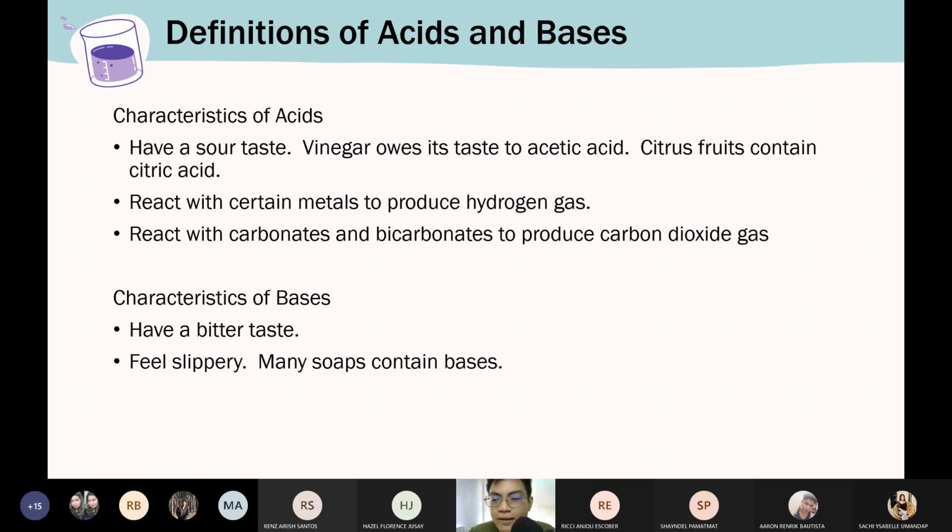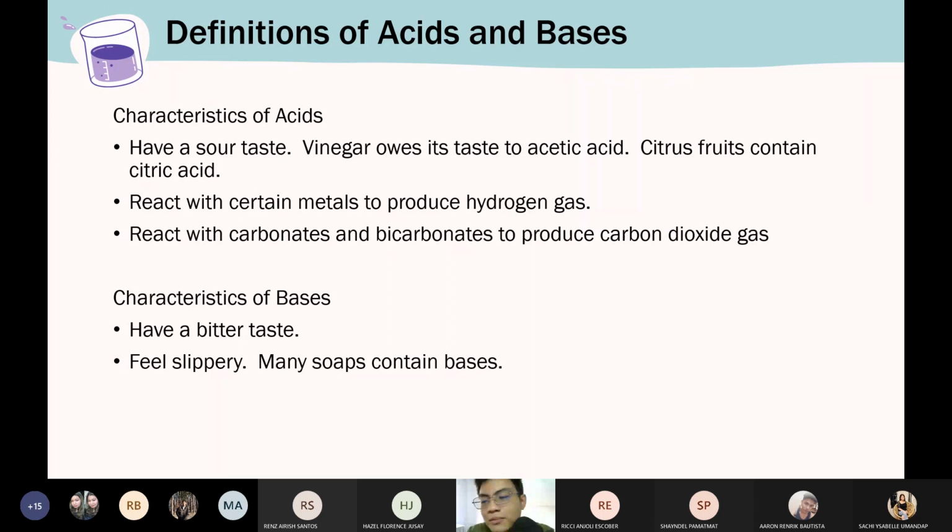Such as soap. Okay? Tsaka pag nadilaan mo yung sabon, di ba, naliligo ka, tapos may something na nadikit na sabon sa mouth mo. But you can taste the bitterness. Yan. So, that is basic compounds. Okay? So, those are the general characteristics of acids and bases, and I think everyone's kind of familiar with those naman.